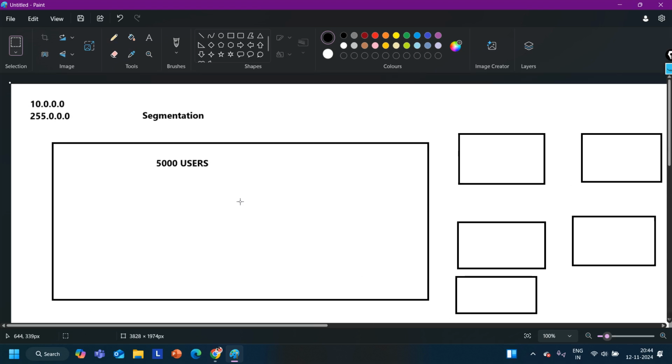Okay guys, many more examples are there, but try to understand, we need to cover the topics as well. So hope it is clear why segmentation is important. Why segmentation means why we should divide a large network into smaller networks. We divide a large network into smaller networks so that we can implement security for specific types of traffic, we can configure quality of service, we can easily manage the network, and we can easily troubleshoot the network if there is any issue.